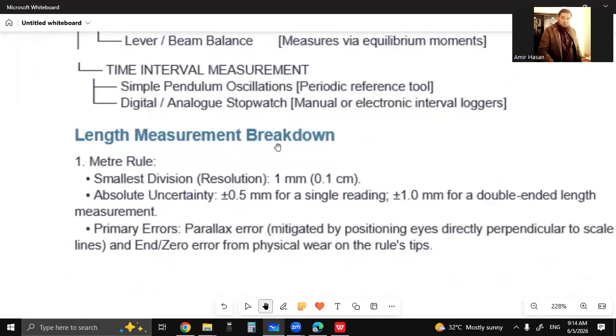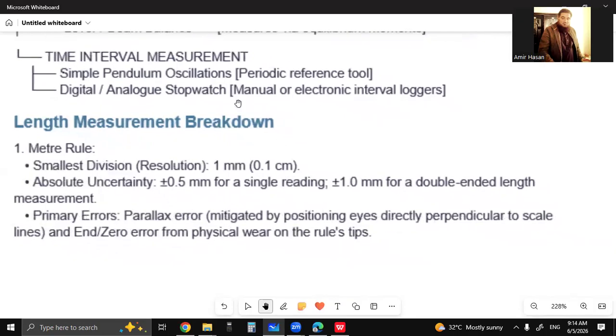Now, length measurement. Meter rule: we use the meter rule, whose smallest division is 1 millimeter, 0.1 centimeter. Absolute uncertainty is half of the smallest reading uncertainty present in the meter rule reading.